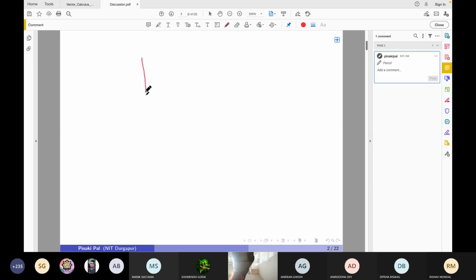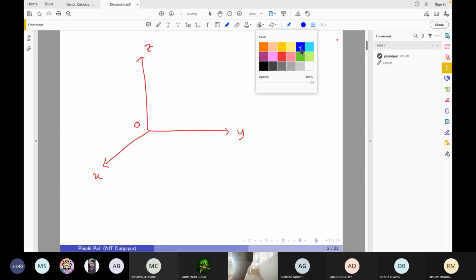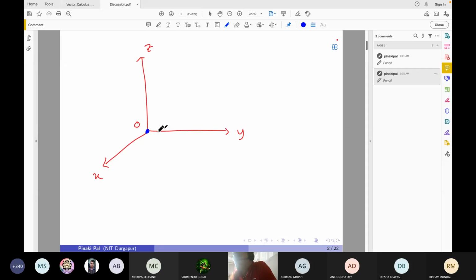So this is my coordinate system, with axes x, y, z. Now we are starting from the point 0, 0, 0. This is the starting point, and then from there we are moving to the point, say A, having coordinates 1, 0, 0.